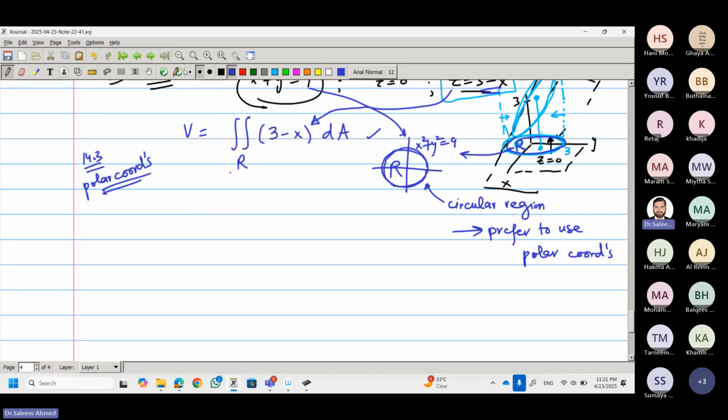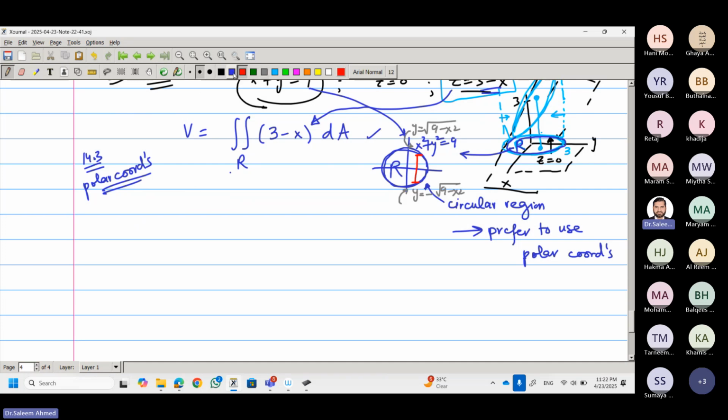If I don't prefer polar coordinates, I will draw a vertical line and find these two limits. The bottom limit is y equals minus the square root of 9 minus x squared, and the top limit is y equals plus the square root of 9 minus x squared.